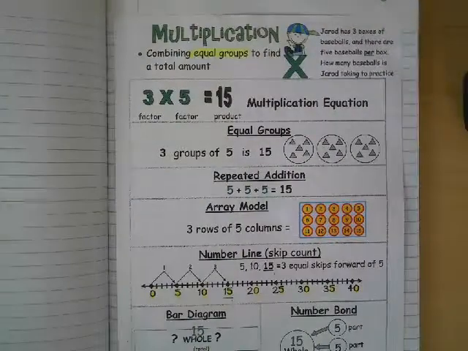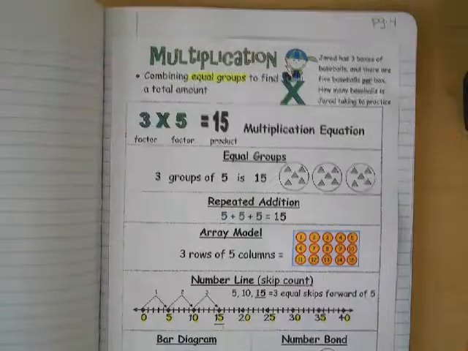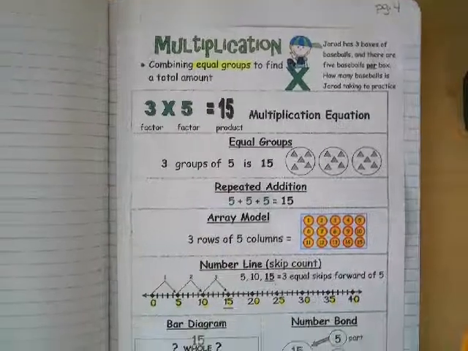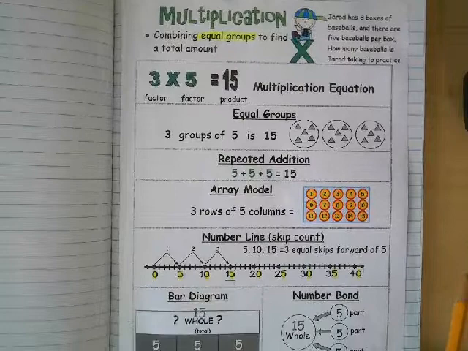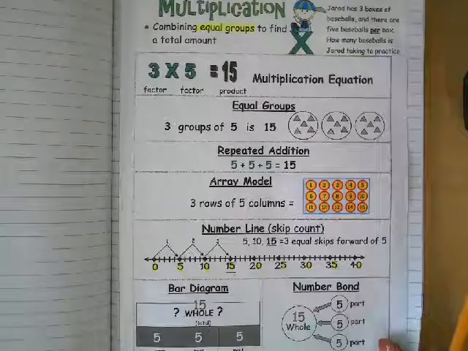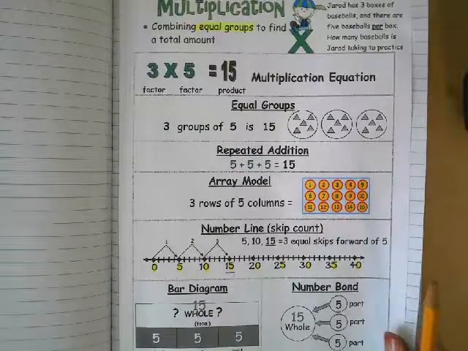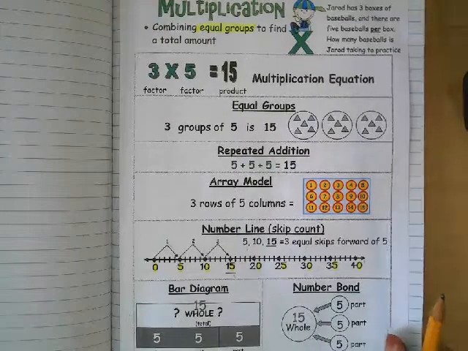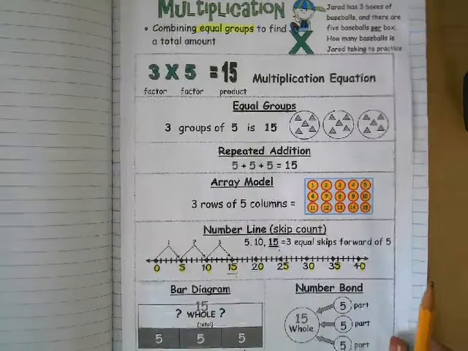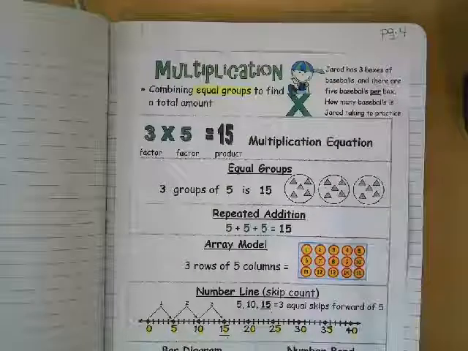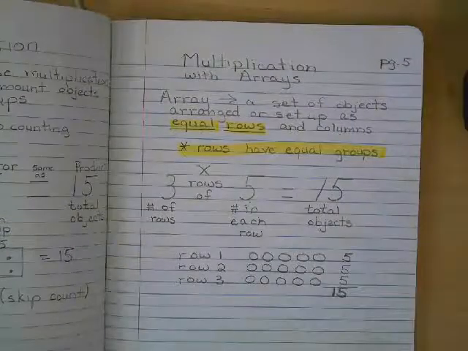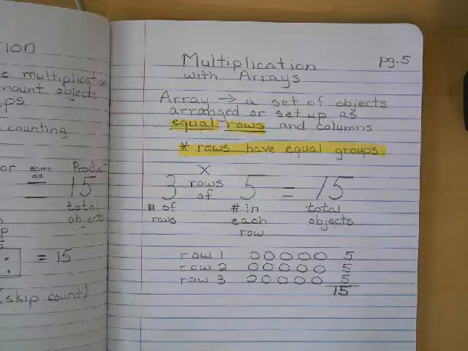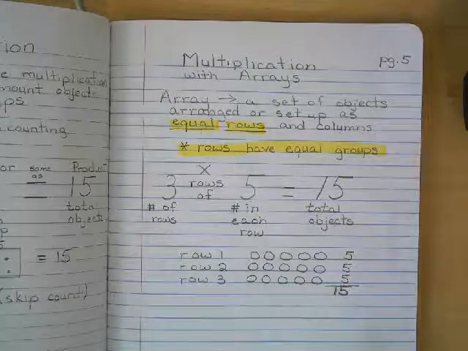Page 4 is going to be our anchor chart with multiplication. This should be in your blue folder in your plastic sleeve in the back of your composition notebook. So that should be pasted onto page 4. And page 5 is going to be our multiplication with arrays.